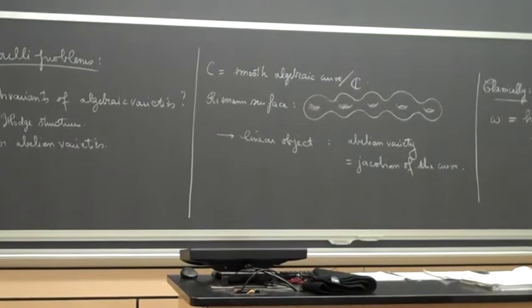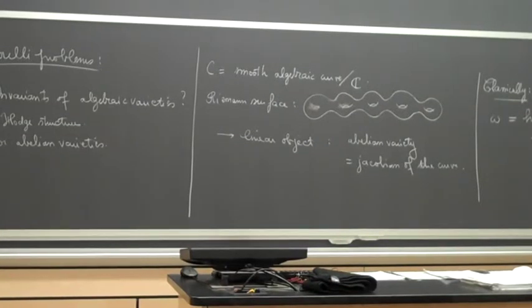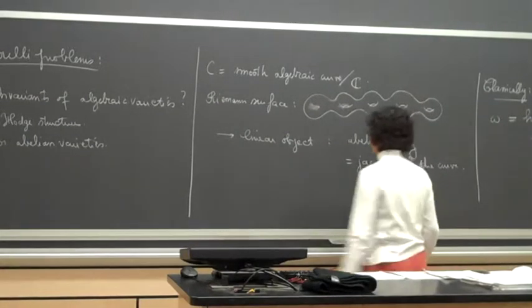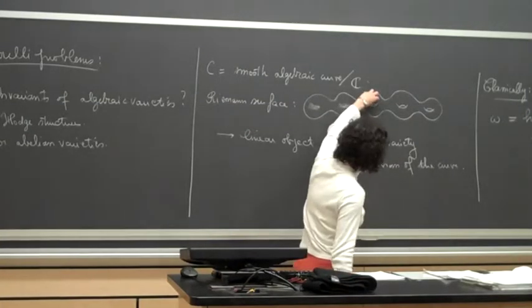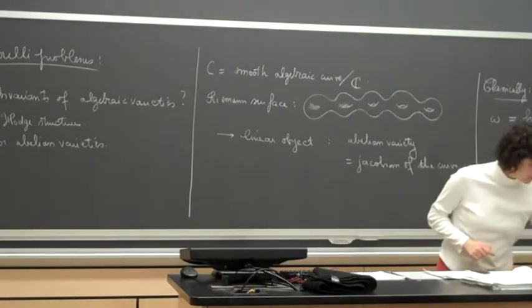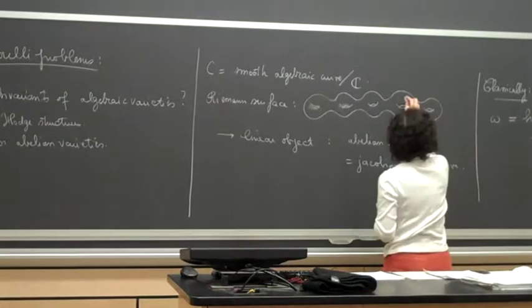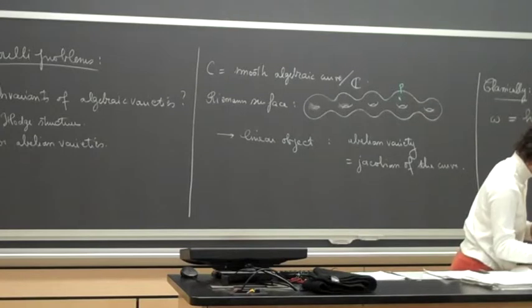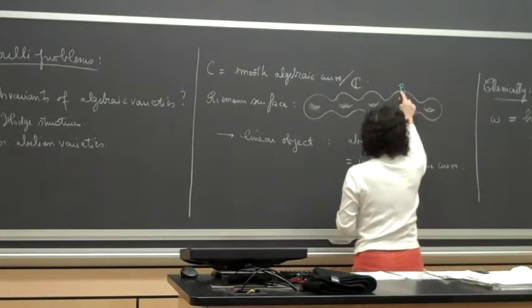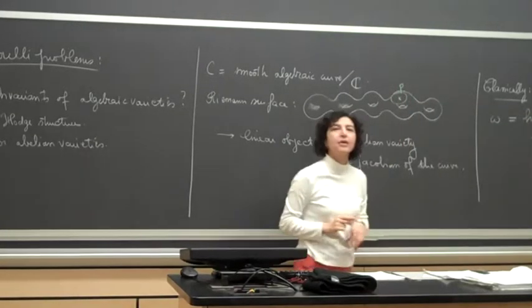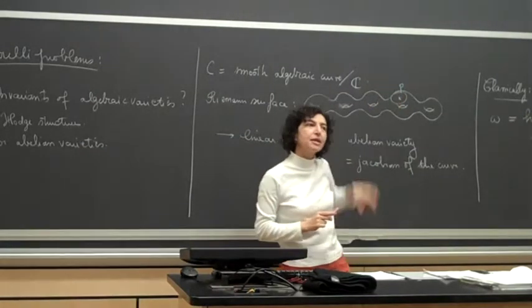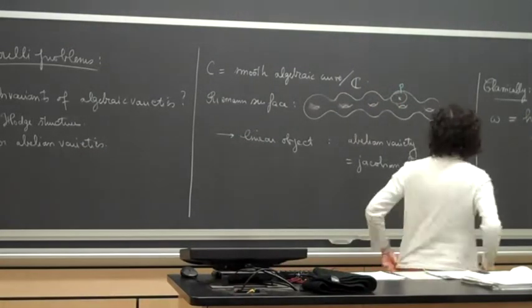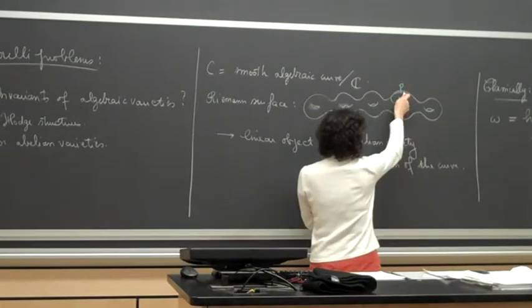So if you have a little point on there, and you have a small chart, so let's say that's one point P, and you have a neighborhood of the point, and I have a little coordinate centered at P, right? And, well, locally I can draw a path here.